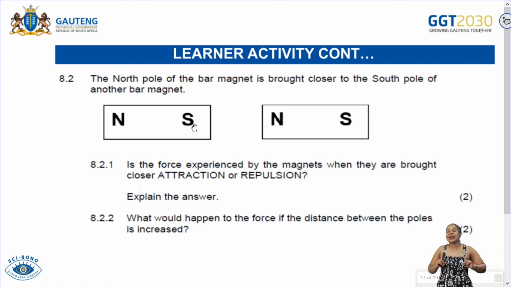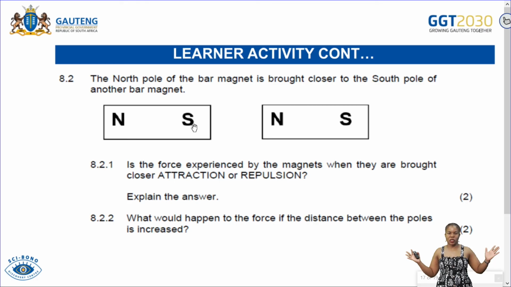You look at the poles that are facing each other or interacting with each other, whether they are like poles or unlike poles. If they are unlike poles, like in this case, because it's south and north, therefore there will be a force of what? Of attraction. But if it was like poles, like your south and south or north and north, there will be a force of what?